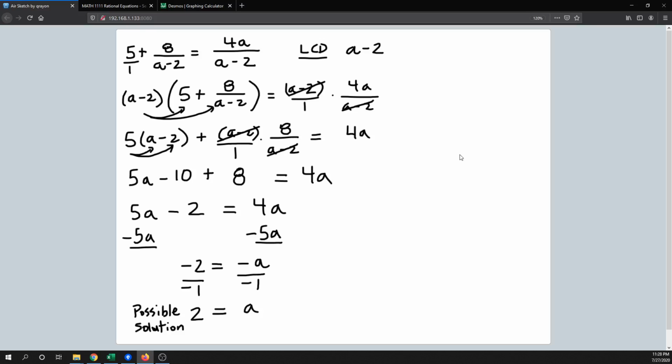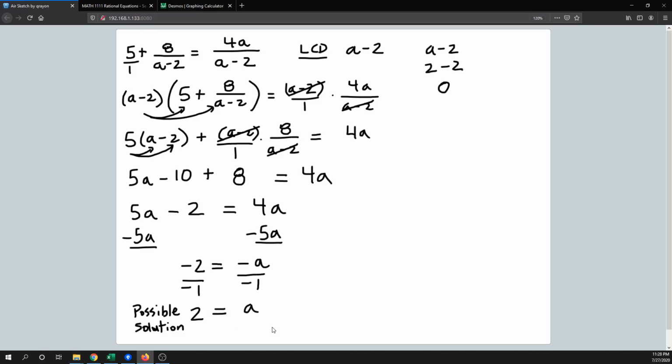Our LCD was a minus 2. If I take that 2 and plug it in for a into the LCD, I'm going to get 0. And that means that this 2 is not a solution. It has to be thrown out.